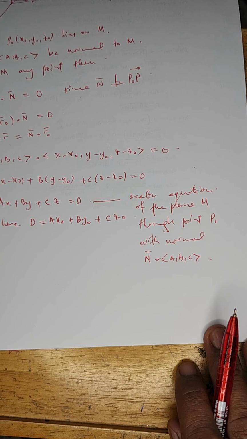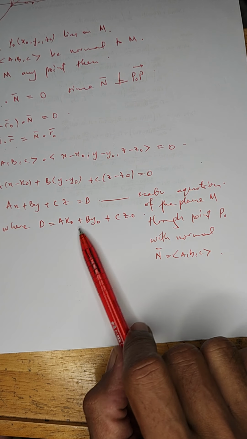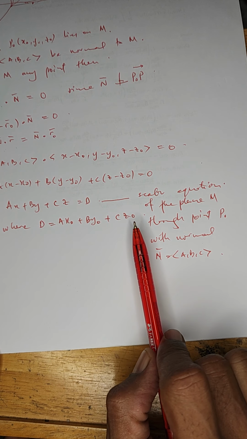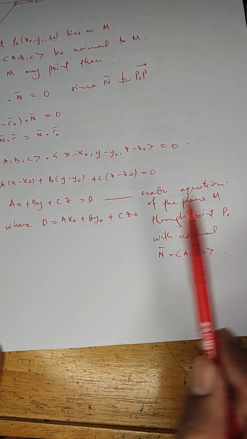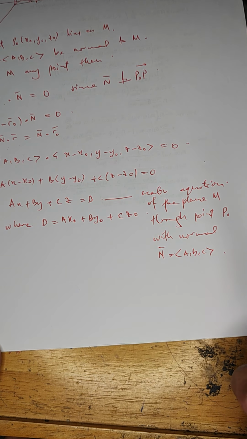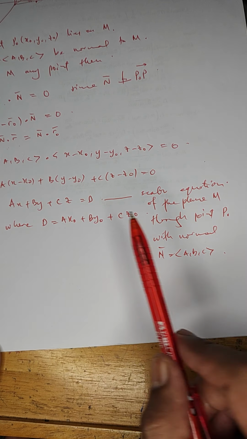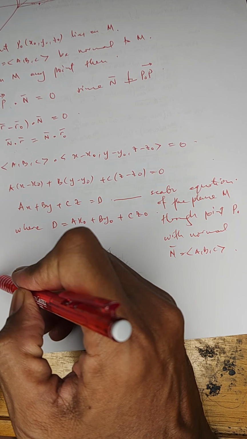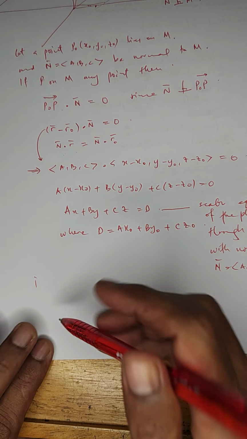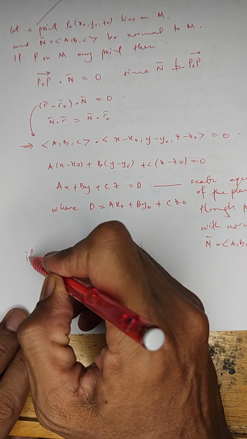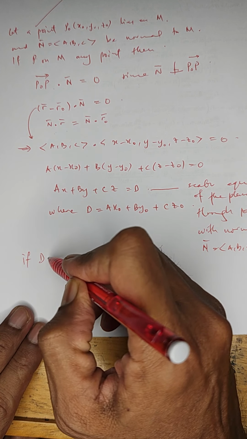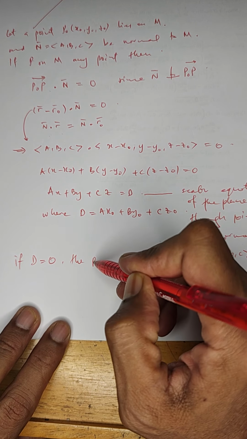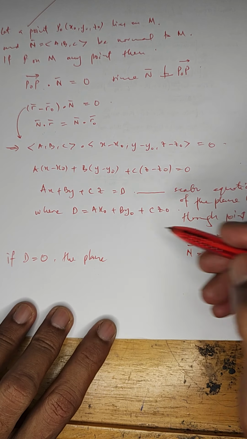Obviously if the point x0, y0, z0 is at the origin, or in other words the plane passes through the origin, then the right hand side gives you 0. So if d is 0, it means the plane passes through the origin.